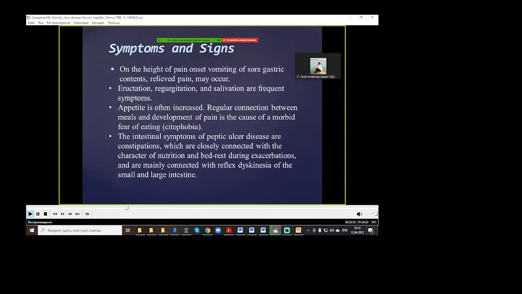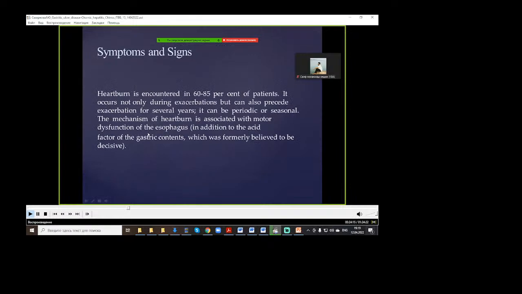The intestinal symptom of peptic ulcer disease is constipation, which is closely connected with the character of nutrition, bad rest during exacerbation, and is mainly connected with reflex dyskinesia of the small and large intestine. Heartburn is encountered in 60-85% of patients.